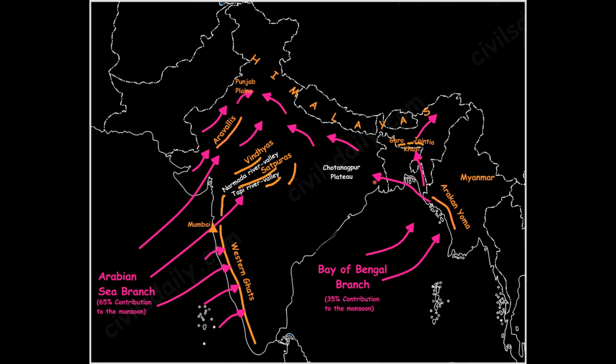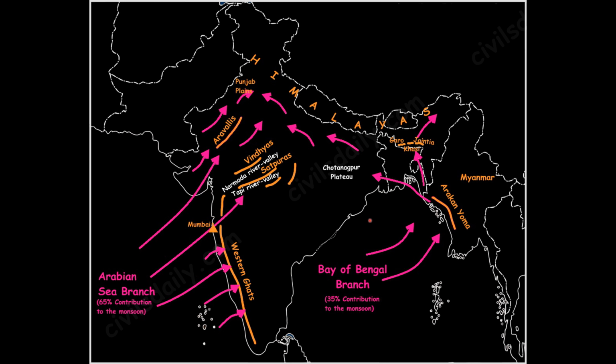The monsoon therefore enters Bengal and Bangladesh, and instead of the southwesterly direction, it is moving in a southeasterly direction.